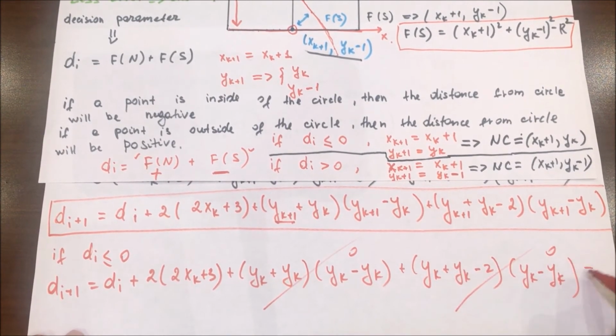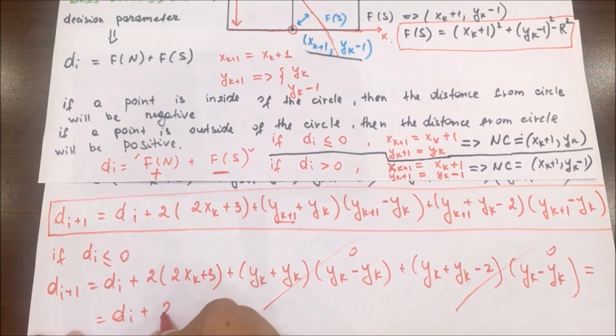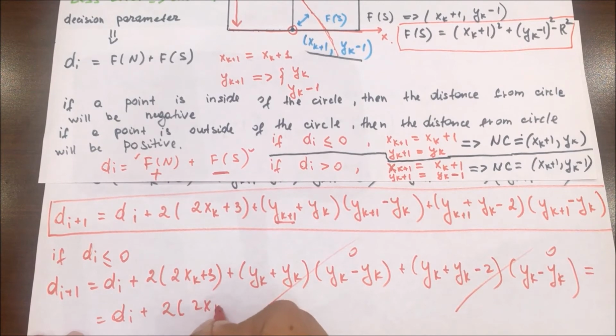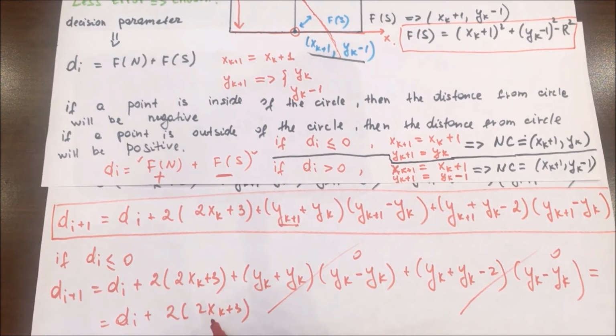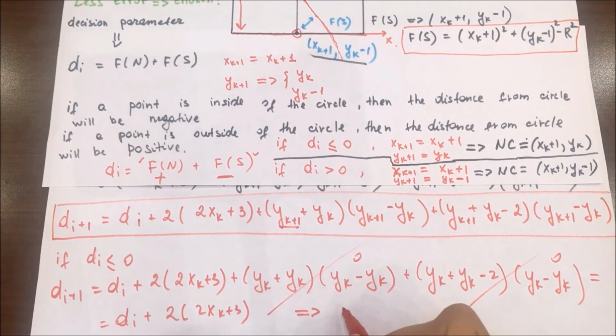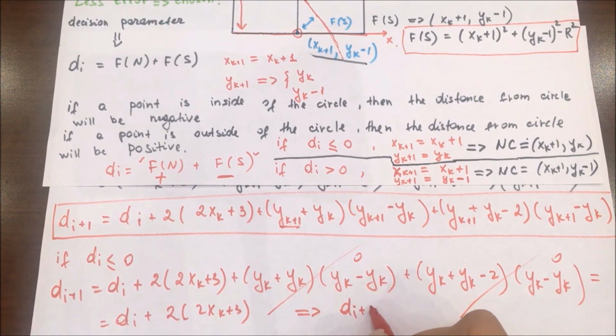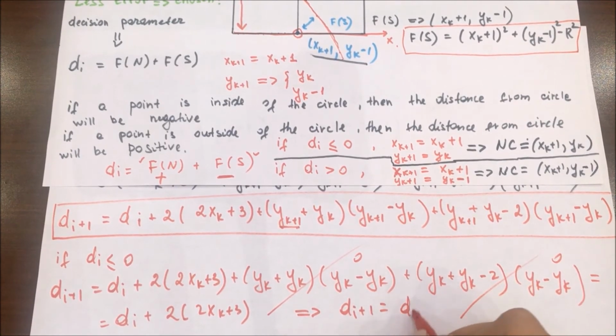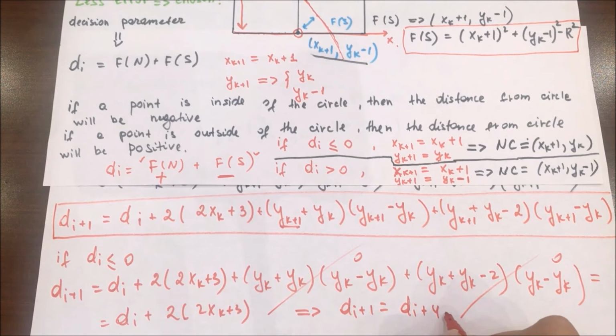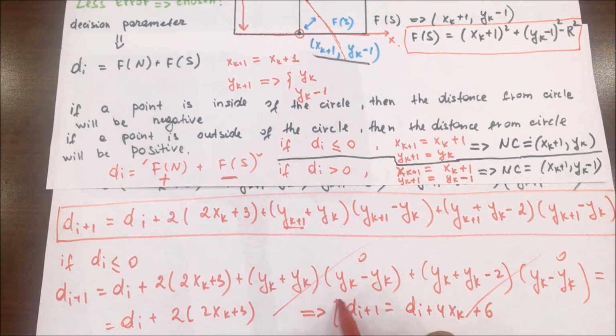So we got 0 and 0, and finally we get di plus 2 times 2x plus 3. So in the case of di is less than or equal to 0, the next decision parameter will be di plus 4x plus 6.